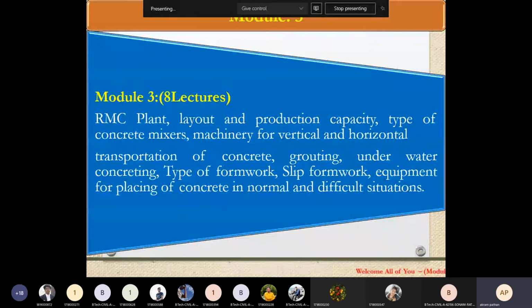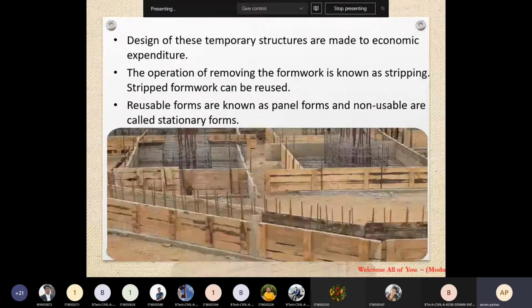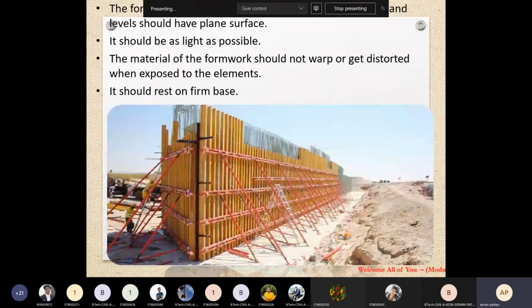So this is the last article in module 3. We started in the last lectures with the form work. These things we saw in the last lectures. What do you mean by the form work? Then the different requirements for the form work. What are the various requirements?